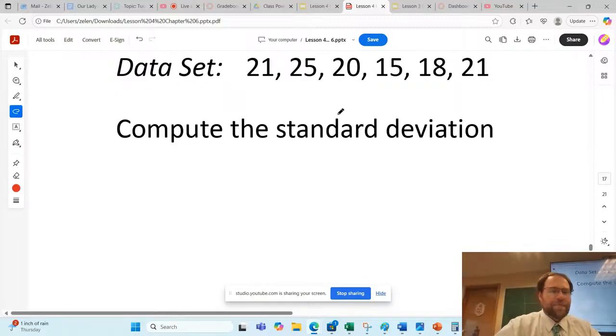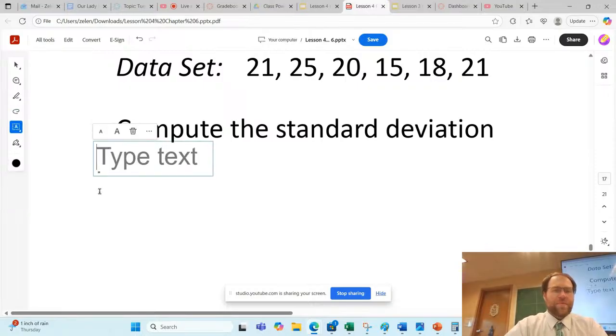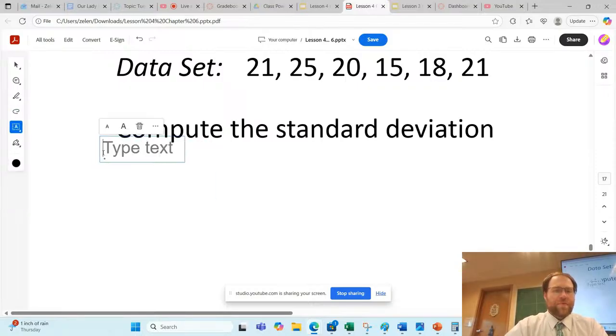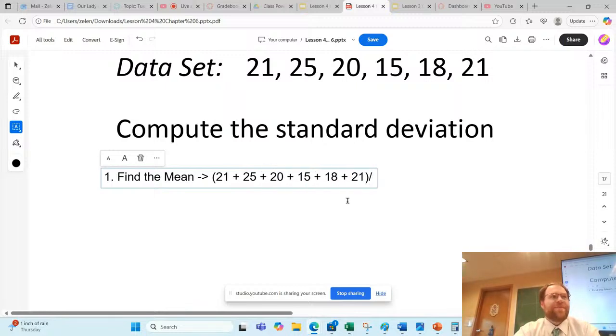Mean. So step one, find the mean, which is adding all of those up and dividing by 6. That gives you 20.